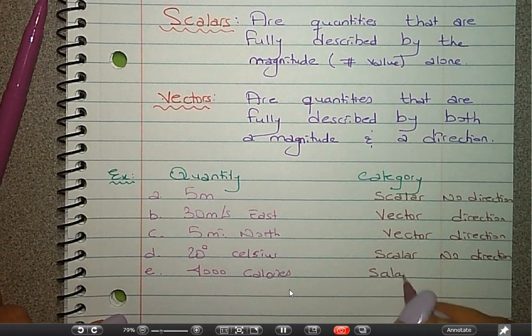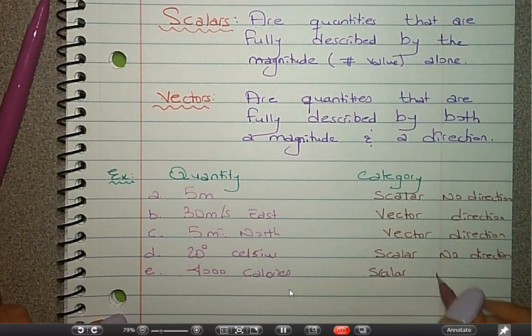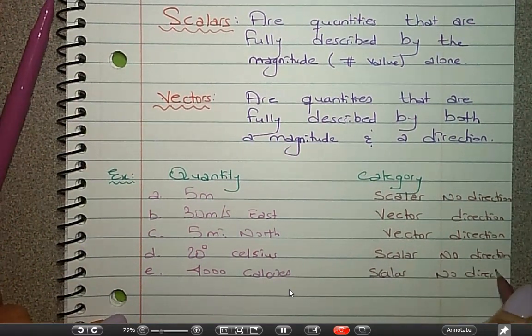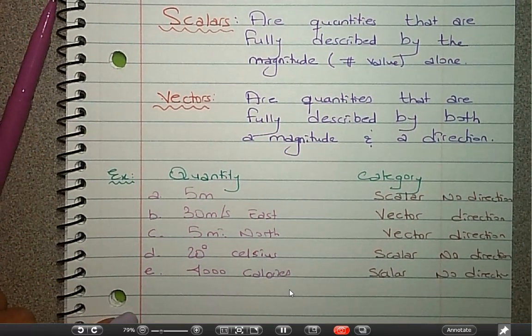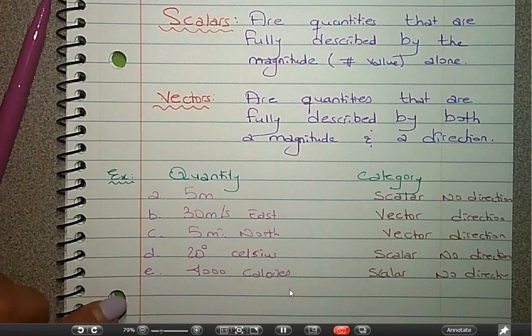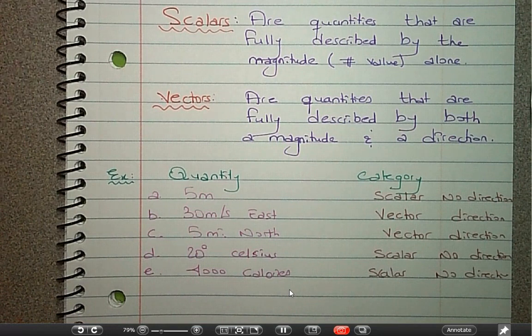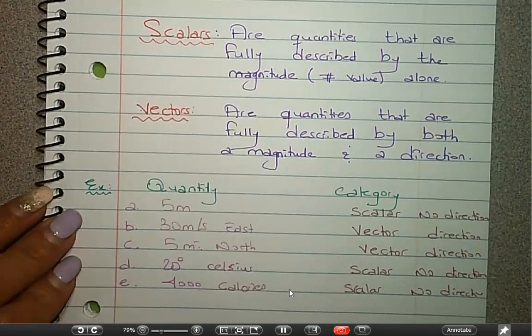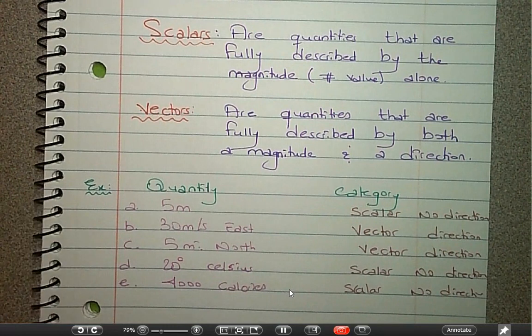That is also a scalar because I got no direction as well. All right, so this is the two different forms of quantities that might describe your distance or your displacement. And we're going to talk about this in more depth.